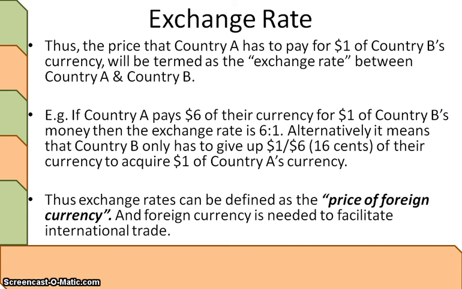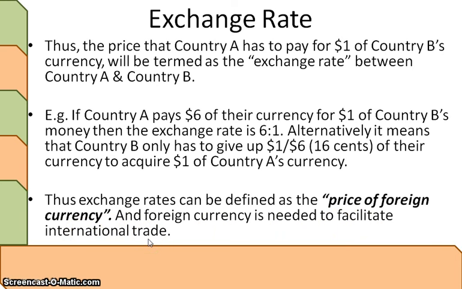Hence, currencies have to be purchased because each country has a different unit of currency, and because countries are desirous of enjoying the goods and services that may be located elsewhere. International trade can only occur when foreign exchange takes place. That's why foreign exchange or foreign currency is needed to facilitate international trade.